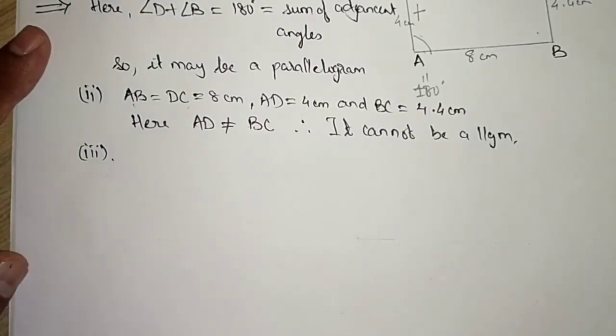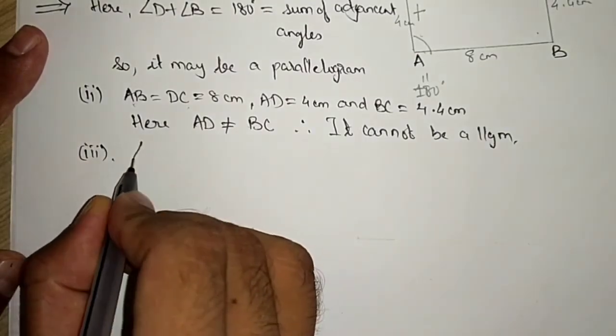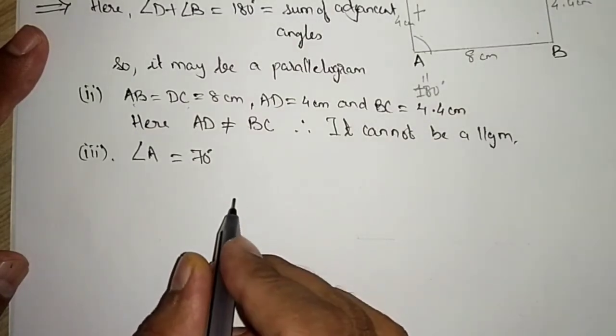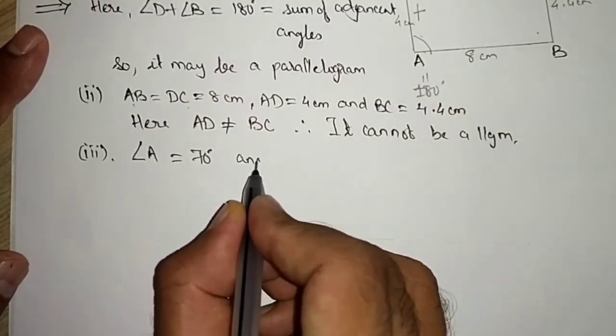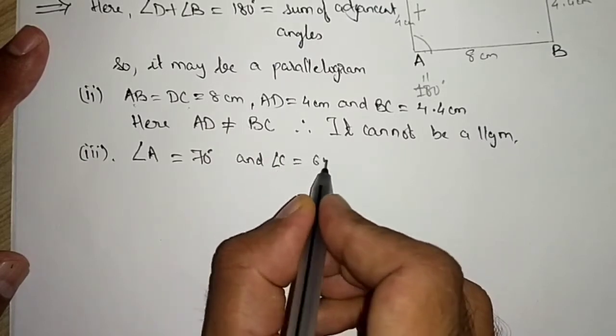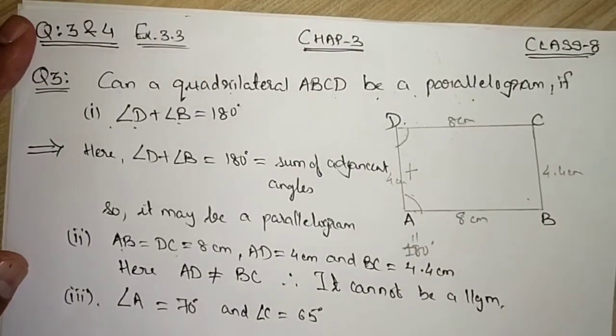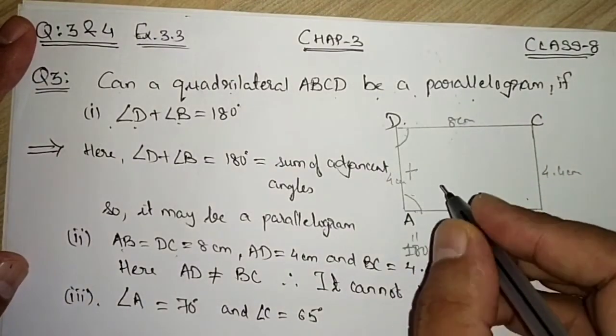Moving to the third part. The third condition they are telling us angle A is equal to 70 degrees and angle C is equal to 65 degrees. Let us see angle A. Where is angle A? Angle A is here.